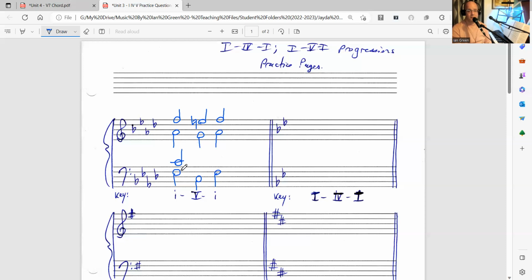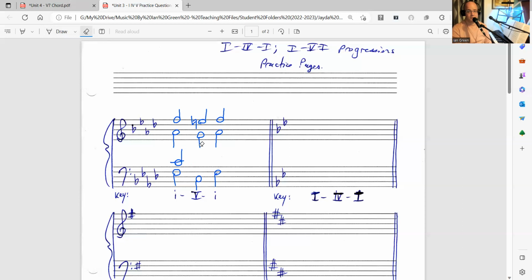So you can see here we have root, root, third, fifth. Then we have root, third, fifth here. So we could put a root here to make that look really successful.